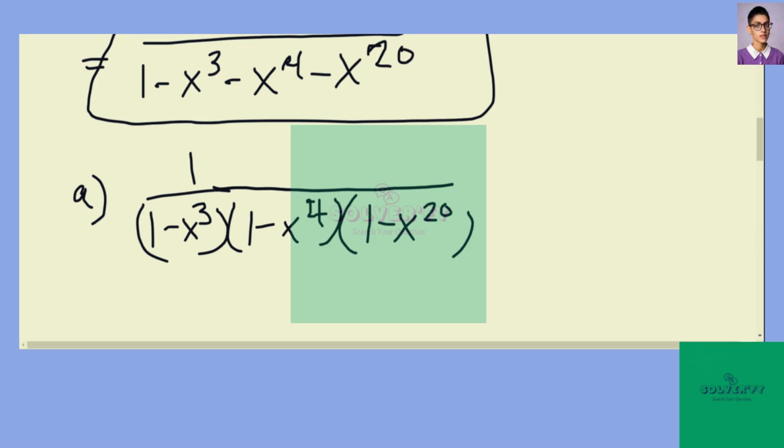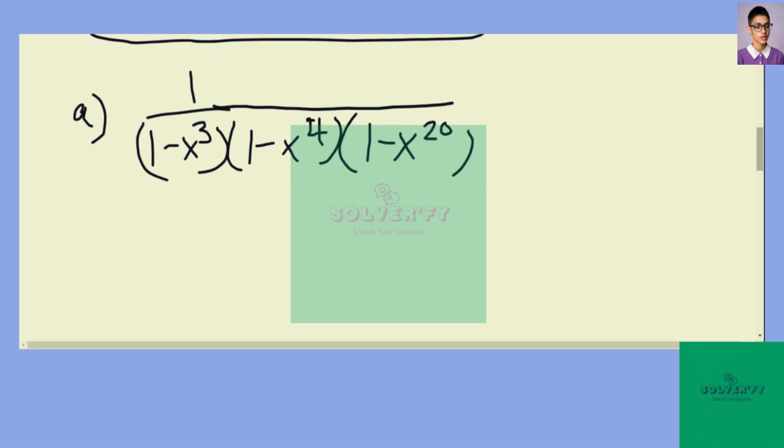This is the same as 1 minus x cubed to the negative first times, well, we can actually just write this as a product.